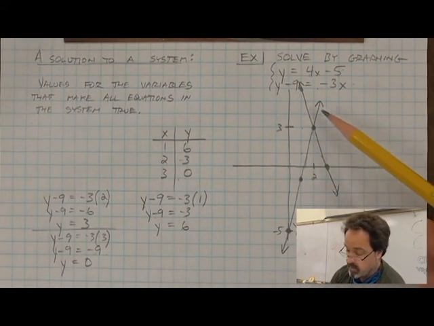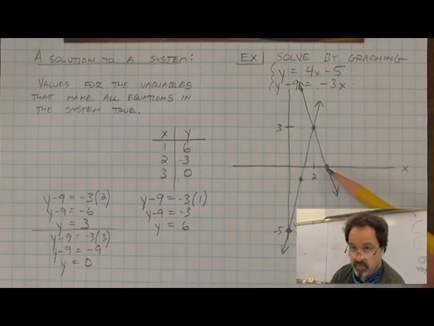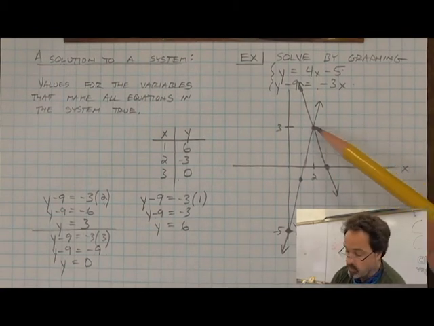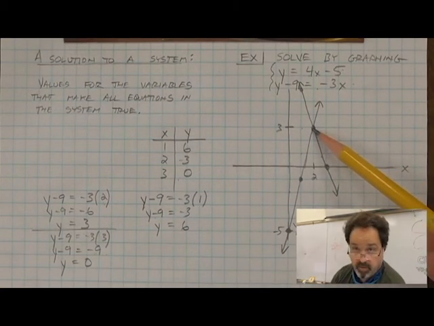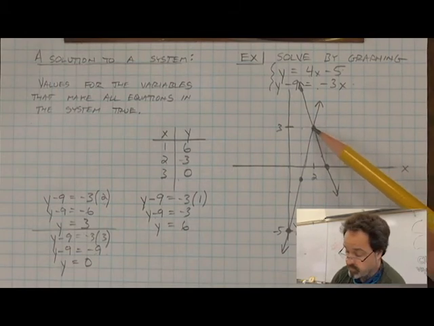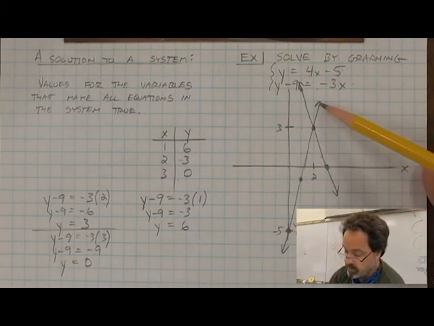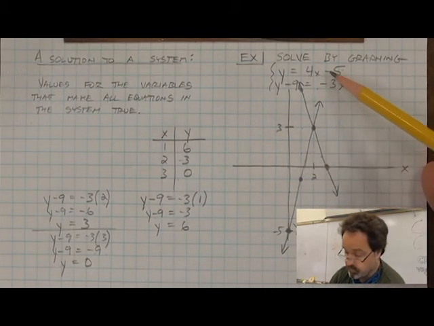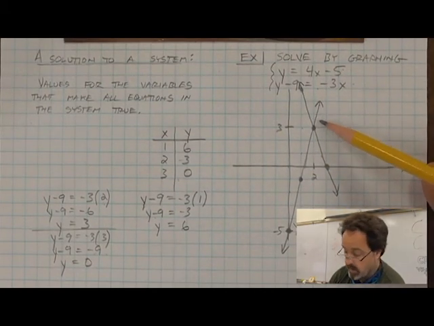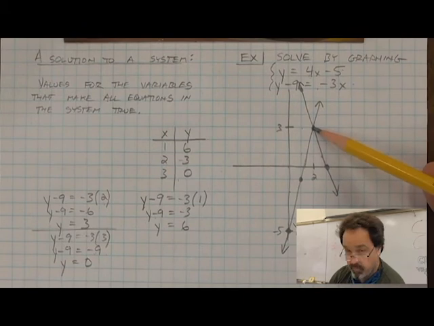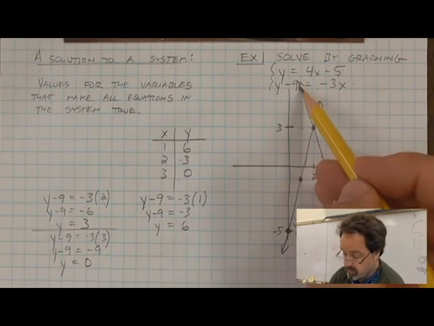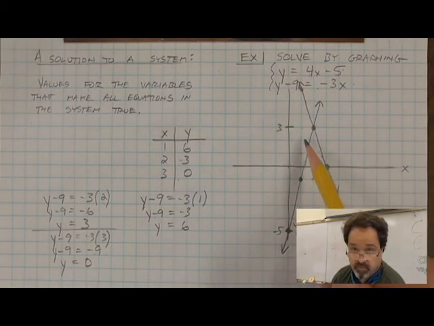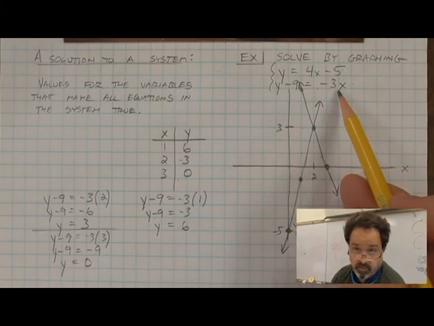But I've got 2 lines graphed here, and there is one point that is on both lines. This point of intersection is a point that is on the first line that I graphed, so it's a solution to the first equation. And this same coordinate, 2, 3, is also on the second line that I graphed, making it a solution of the second line as well.